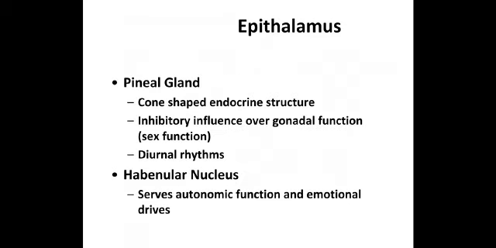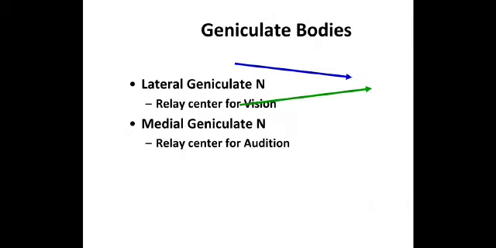So coming to the epithalamus, which is part of the diencephalon, it consists of the pineal gland and habenular nucleus. It's a cone-shaped endocrine structure which inhibits the influence of gonadal function. It has a diurnal rhythm. The habenular nucleus serves autonomic functions and emotional drives.